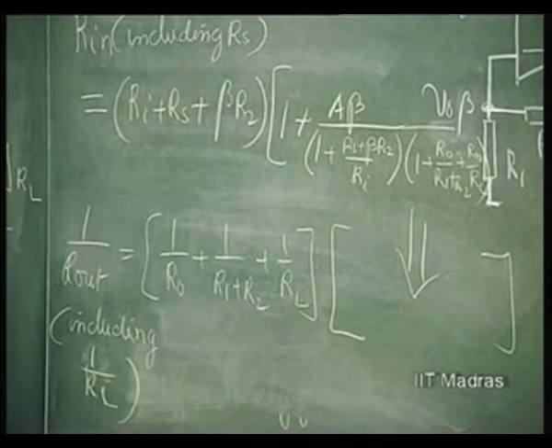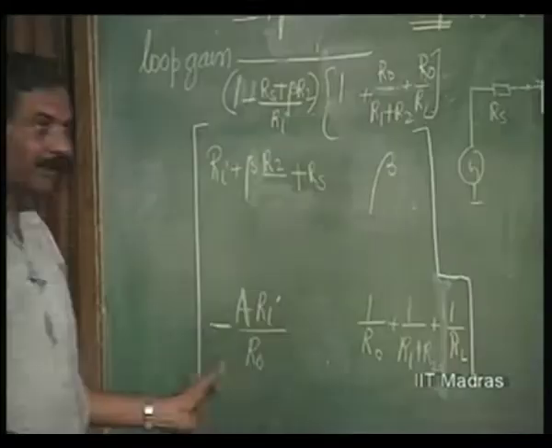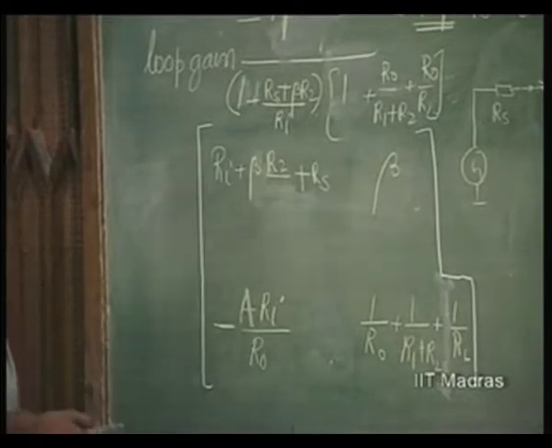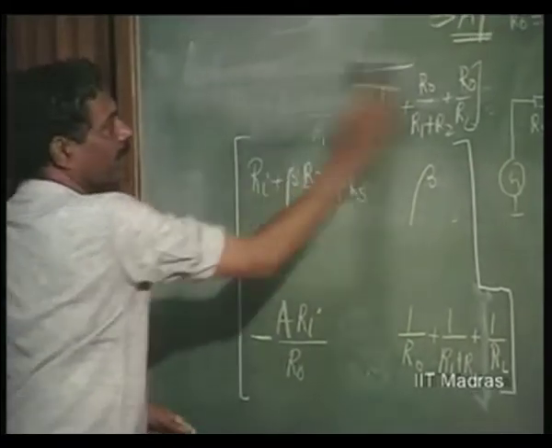Now finally the gain, this divided by the loop gain.